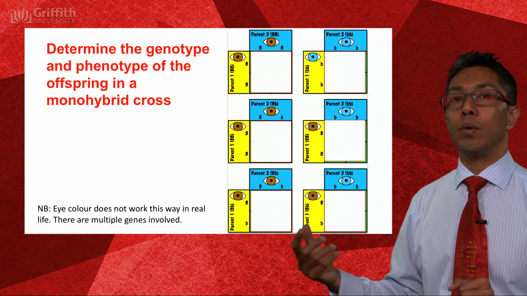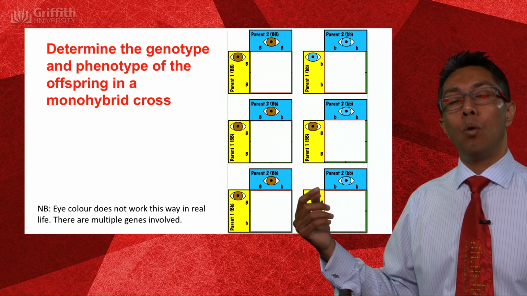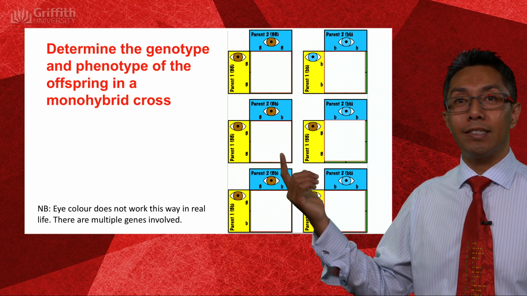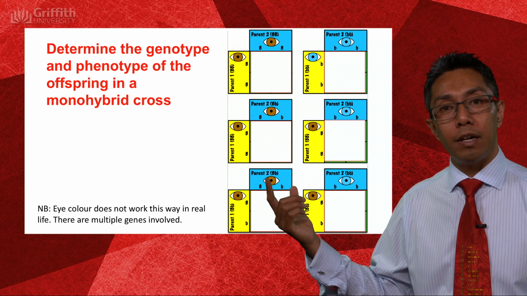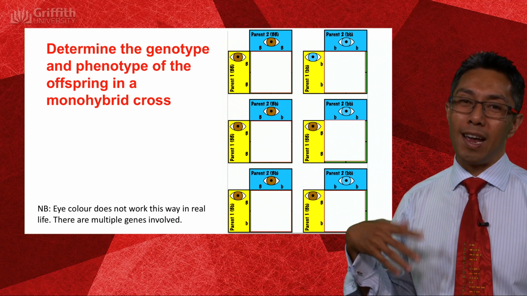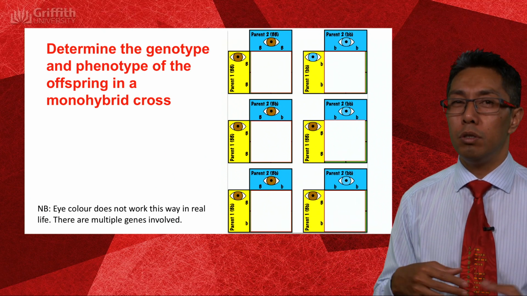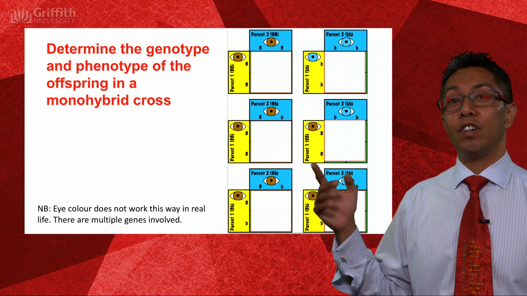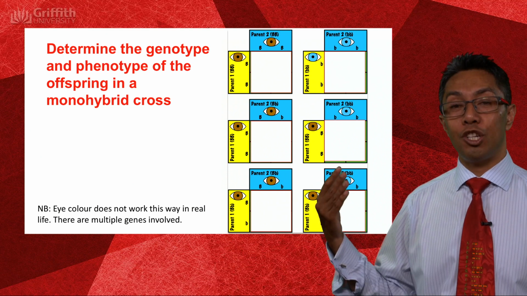Just to give you an example, when I was in high school, it was commonly taught that brown eyes were dominant to blue eyes, recessive. That's kind of true, but not really. Firstly, it's not a dominant recessive relationship.